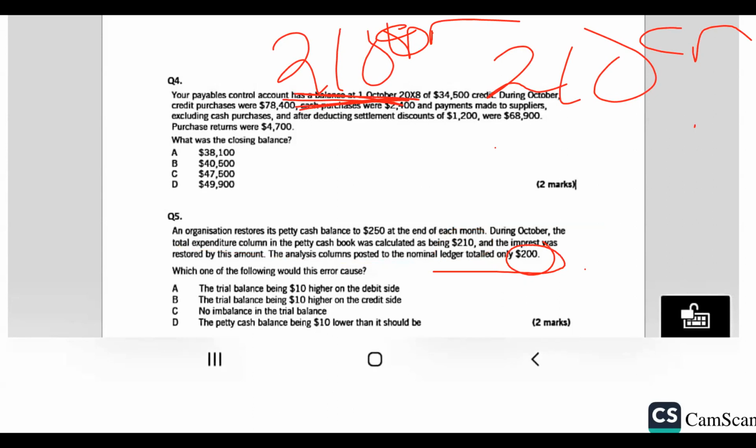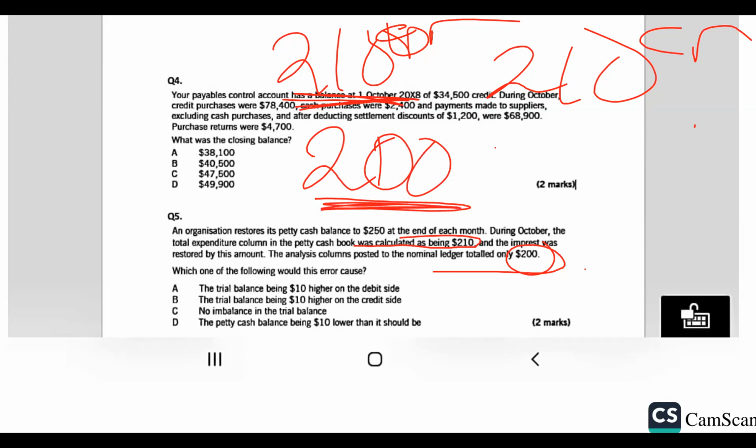This is the total expenditure, but the amount that you have posted to the ledger, to the debit side, is only 200 instead of 210. So you will find that there is a shortage here. The debit side is lower by 10.